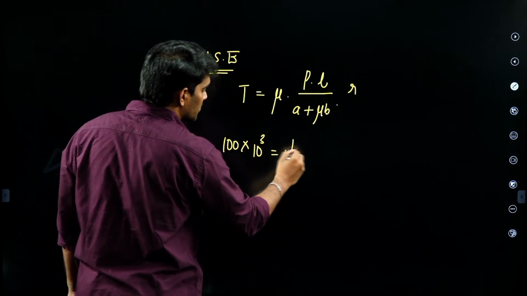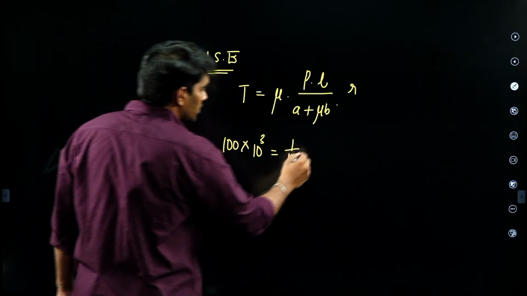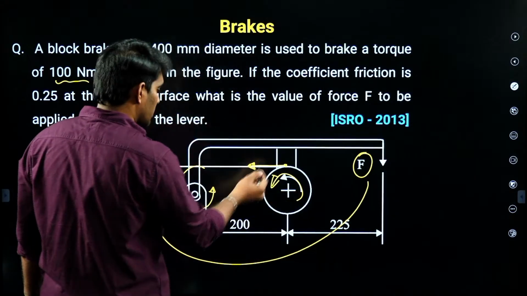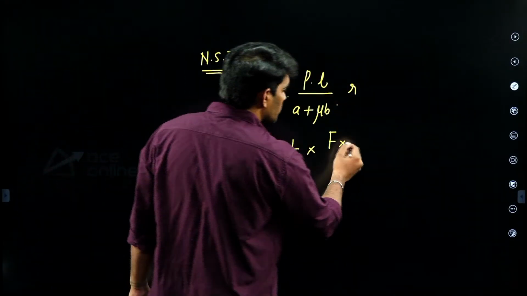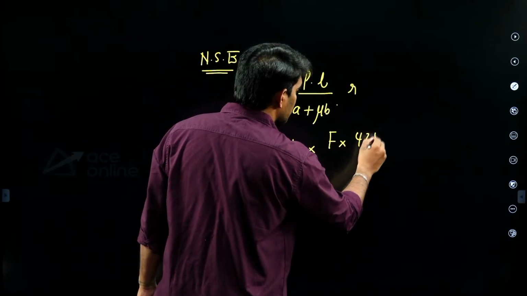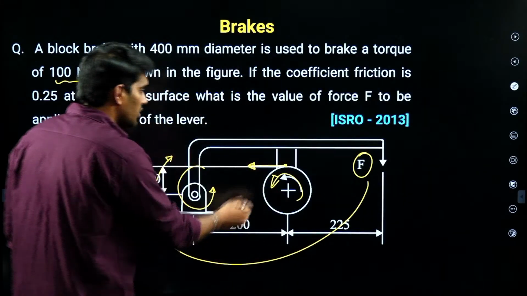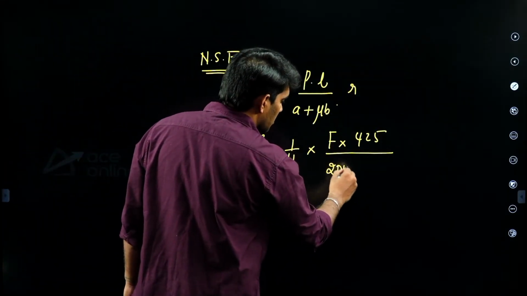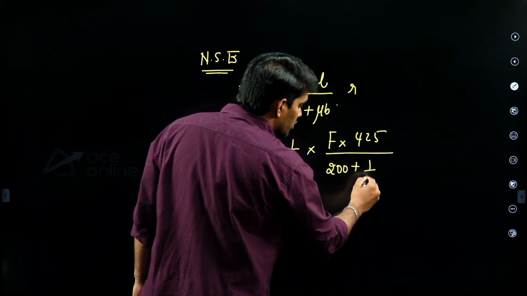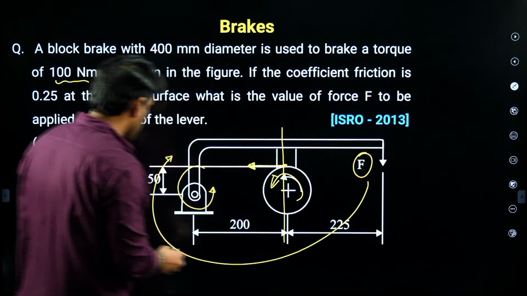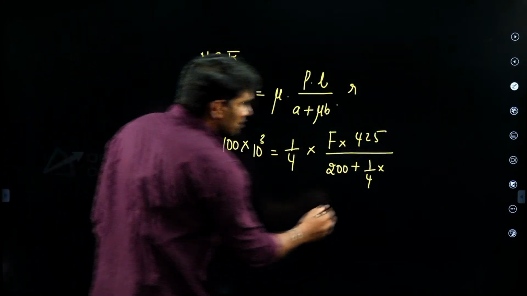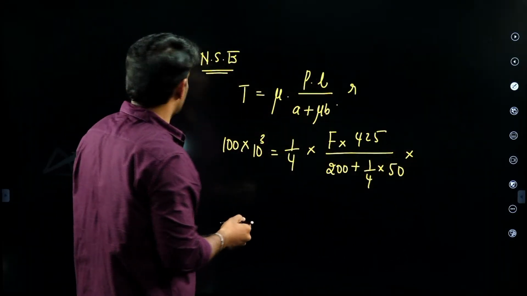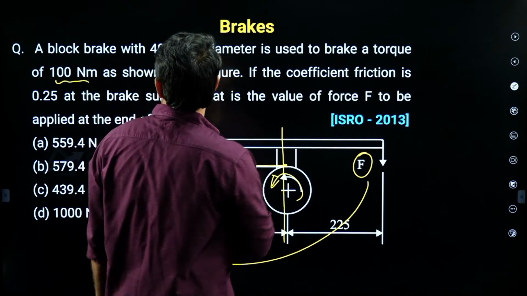Mu value is given as 1/4, P is given as F into L, you can notice this as 200 plus 225, it is 425, divided by A value from reaction to fulcrum, it is 200 plus, mu value is 0.25, I am writing it as 1/4, into the value of B is 50, into radius. Radius here is given as how much? Let's see how much the radius is.